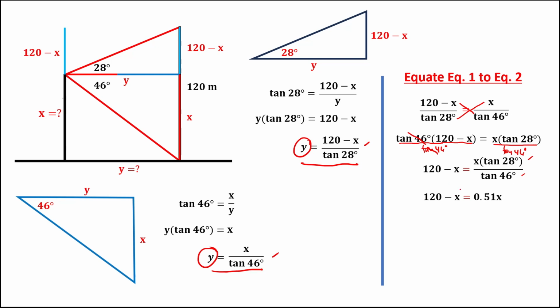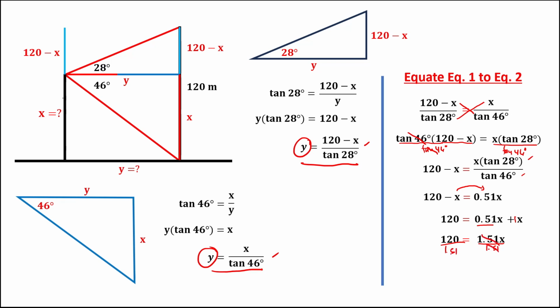Then to solve for x, transpose this negative x to the other side, so this becomes positive x. Then to simplify, we have 120 equals 0.51x plus 1x, that's 1.51x. And to solve for x, divide both sides by 1.51.